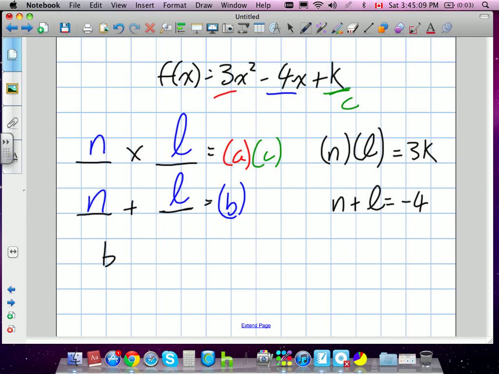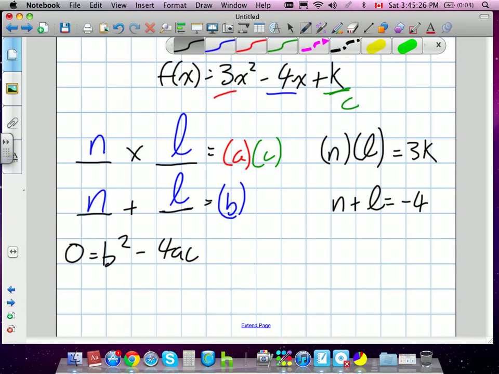Also, the restriction on this is they wanted a value of k that had one x-intercept. So remember we talked about the discriminant formula, b squared minus 4ac. This value needs to be equal exactly to 0 because we need the discriminant to be 0 to only have one x-intercept. Now we actually know values of b, a, and c. The value of b here is going to be -4.